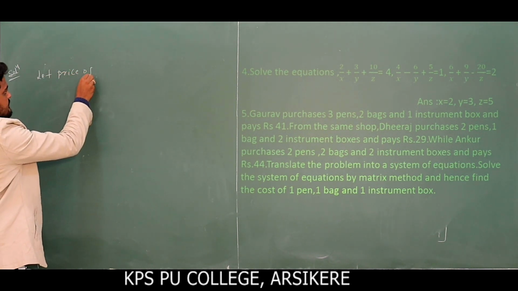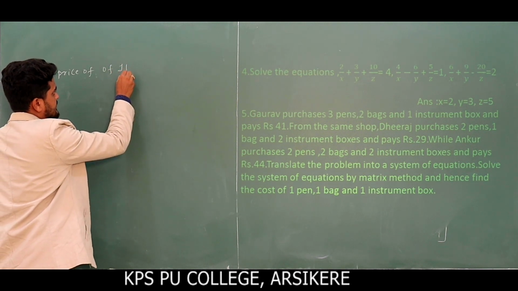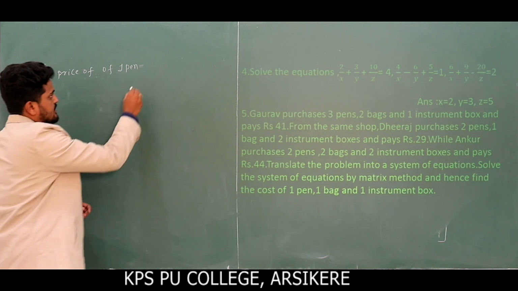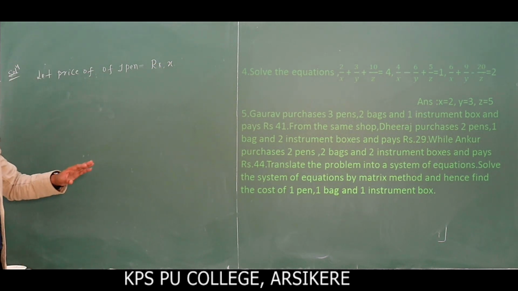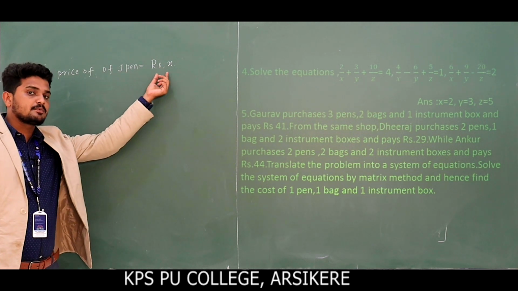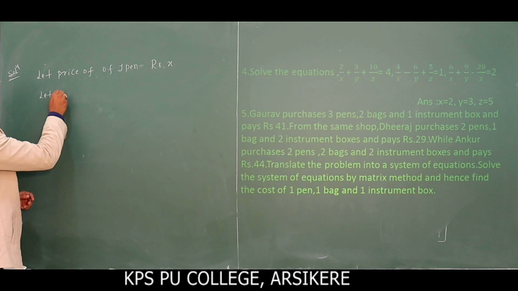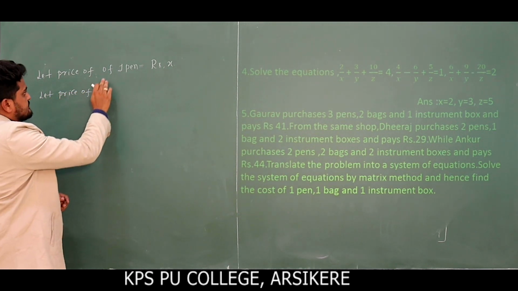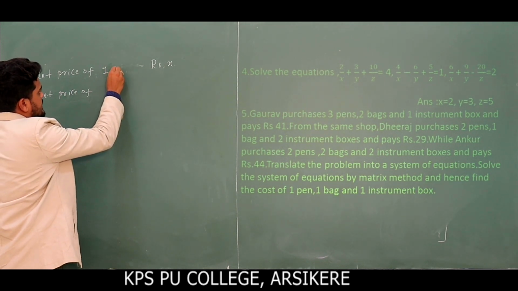Let the price of 1 pen be rupees x, because we don't know it, that's why I took it as rupees x. Next, let the price of 1 bag be rupees y, since we don't know it.